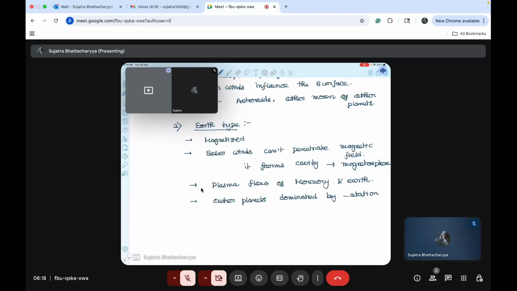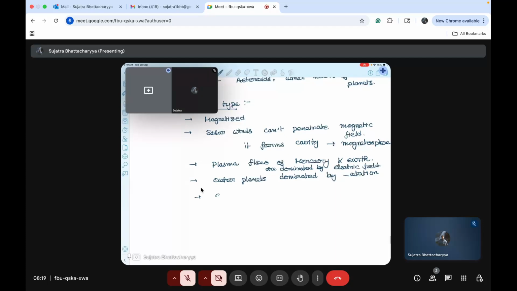But plasma flow of Mercury and Earth are dominated by the electric field. And here the examples are Jupiter, Saturn, Uranus. Of course, Earth is there, so I'm not writing that.